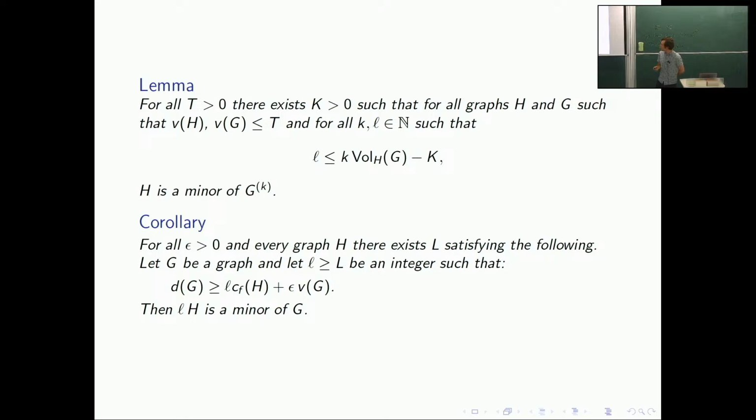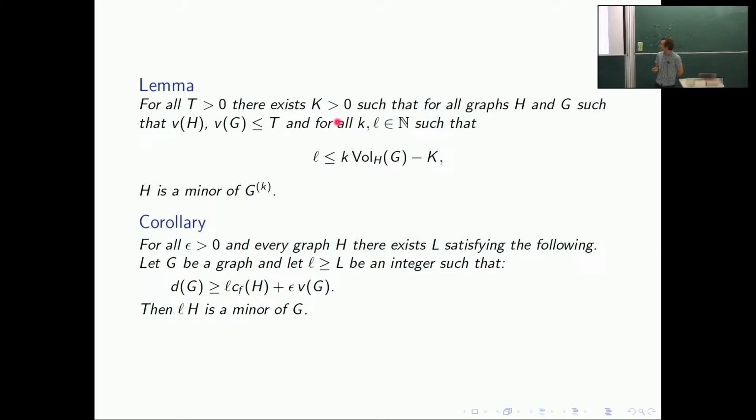So the reason it's nice to consider the kth blow-up of a graph is for this reason here. For every positive t, there exists some positive k such that if you have two small graphs, so v of h and v of g are both bounded by t, then we get what you would expect here.